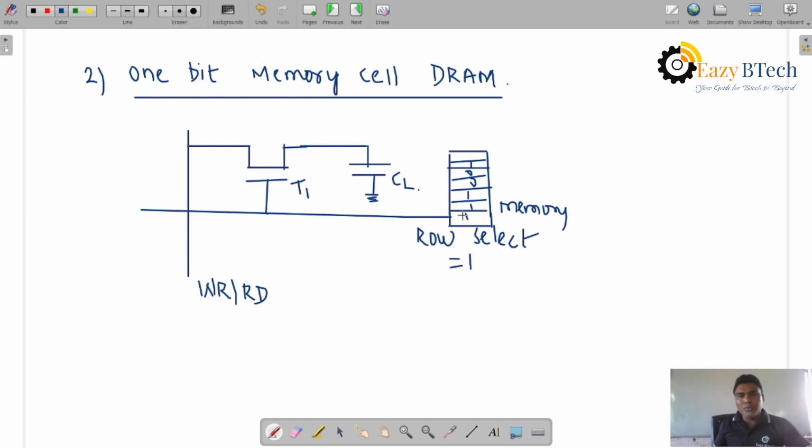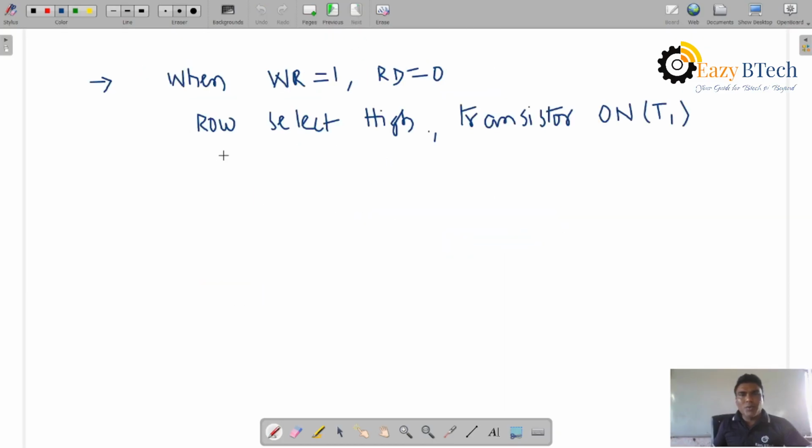If you select a row, the data is taken from the bus, and it will be stored in the capacitor, which means the capacitor is charged. So row select is high, the transistor is on, and the load capacitor is charged.